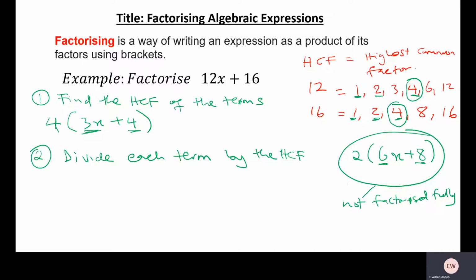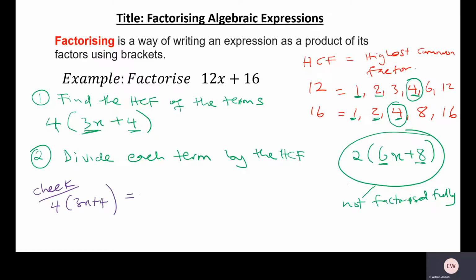Now, the opposite of factorize is expand. So after you factorize, you can expand your answer to check if you are correct. So as a check, we have 4 out, 3x plus 4. Let's expand.